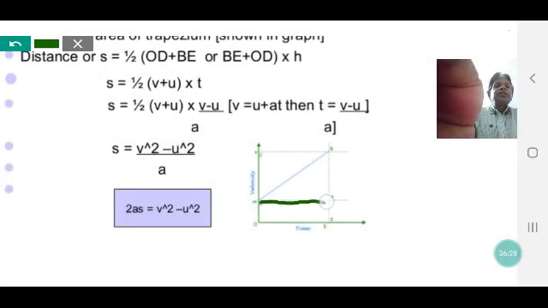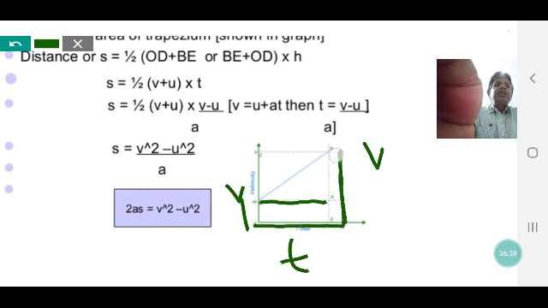It is T and it is V as we discussed in the last slide, and it is V. Now we can easily find the area of the trapezium. These are the parallel sides, and this is the distance between them. Now put in the value: S is equal to half into V plus U into T.